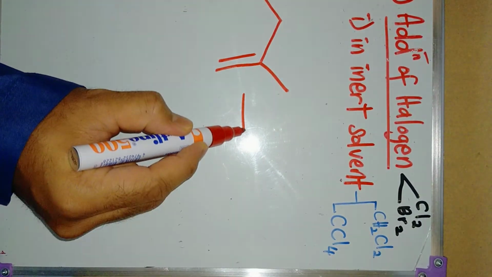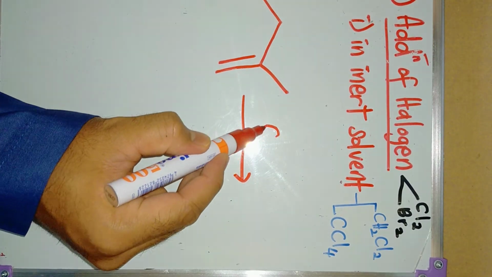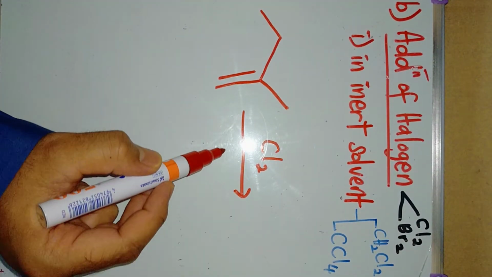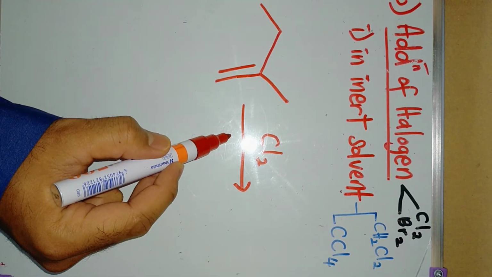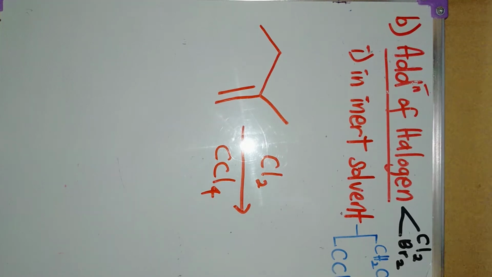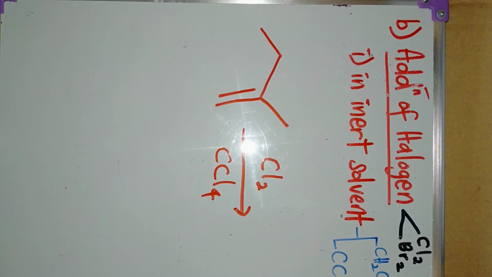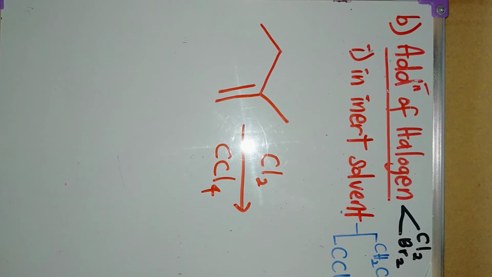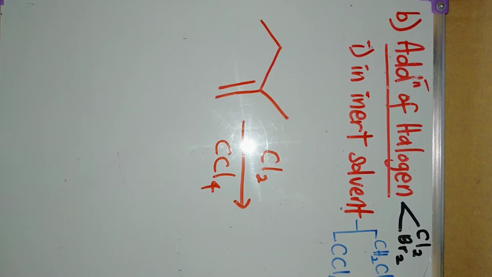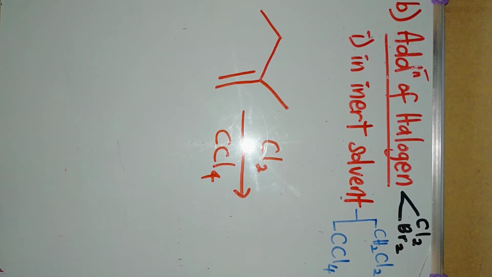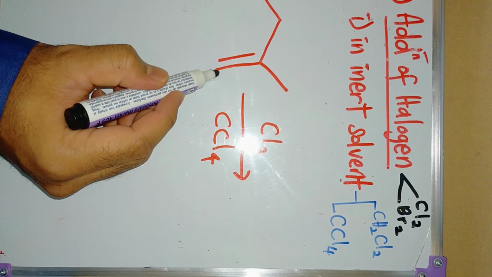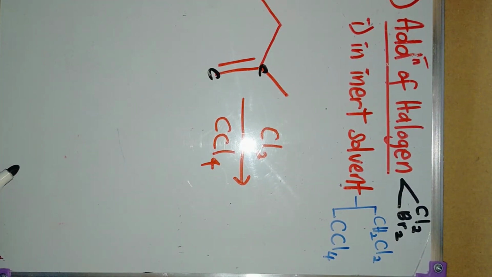Sometimes you can write it like this: react with Cl2, and put the solvent above the arrow, in this case CCl4. CCl4 is inert, so it does not get involved in the reaction at all. It is just the medium for the reaction. Again, focus only on the carbon-carbon double bond, here and here.